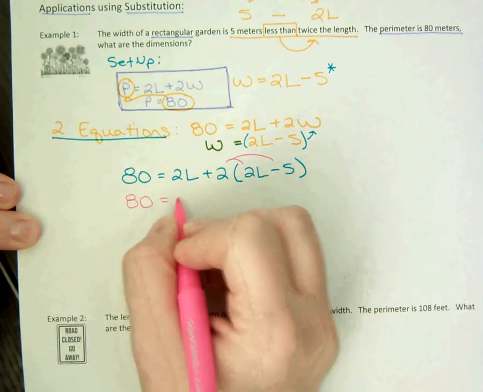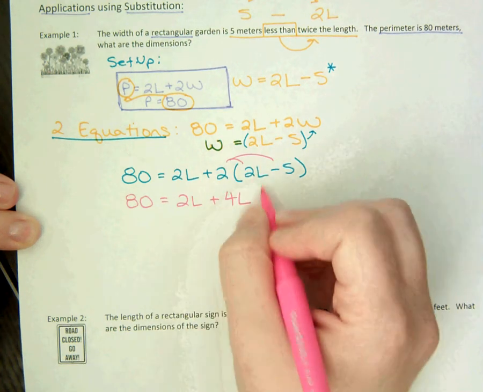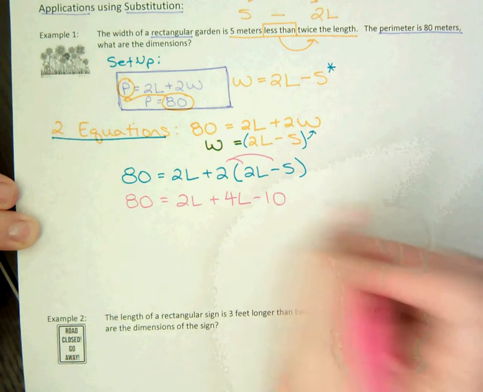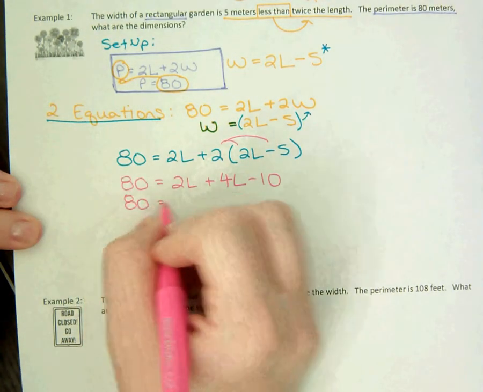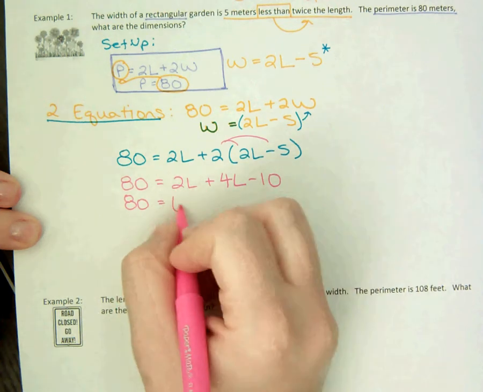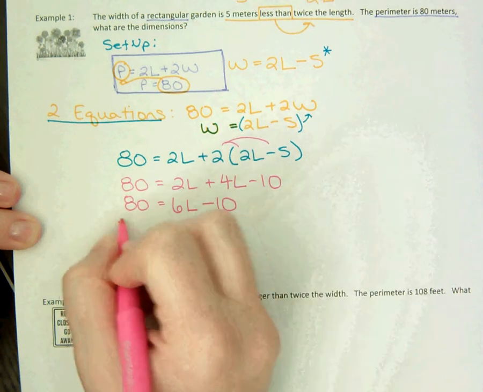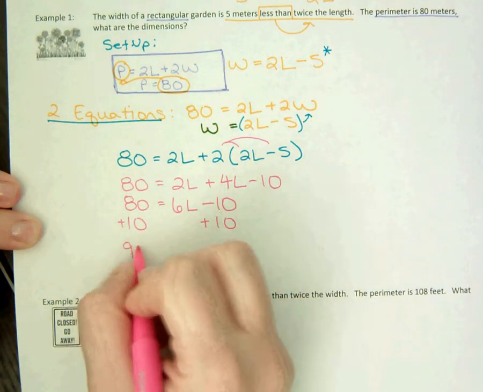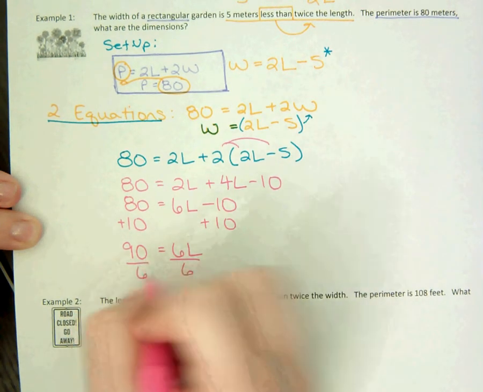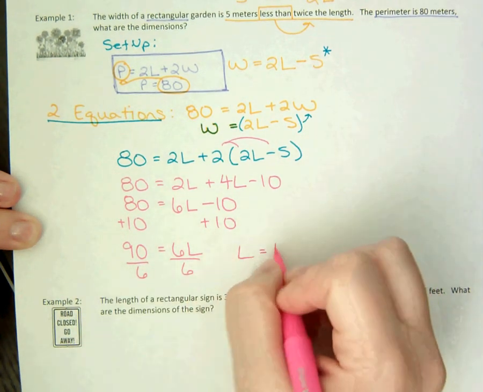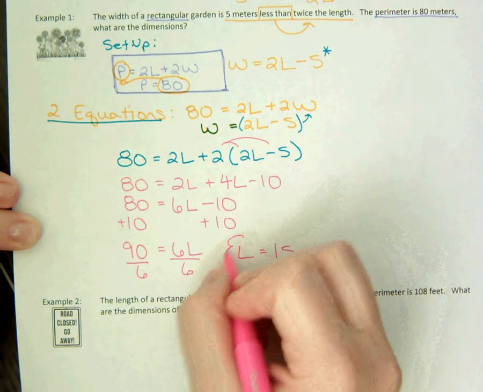So 80 equals 2L. 2 times 2L would be 4L, and 2 times negative 5 would be minus 10. Then we combine like terms: 2L plus 4L would be 6L, minus 10. Then we solve for L. 90 equals 6L, divide by 6. 90 divided by 6 is 15. So that's one answer.